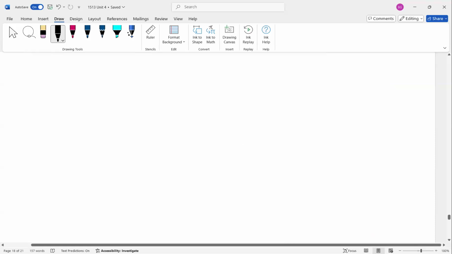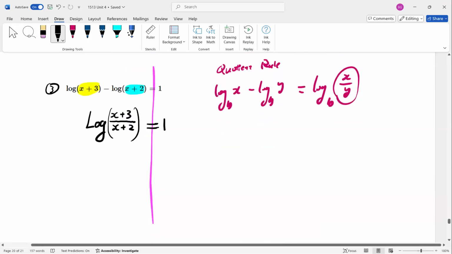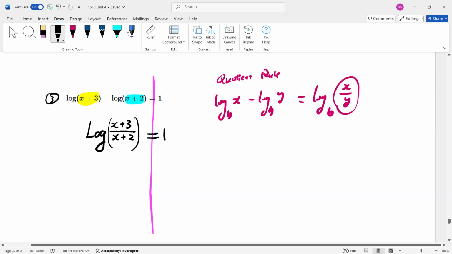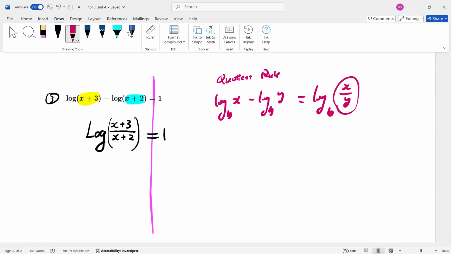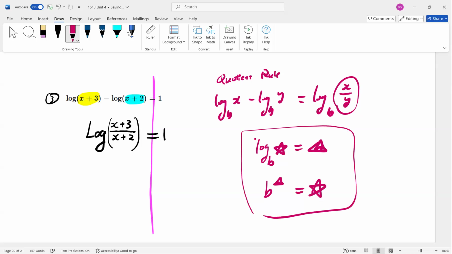Then let's use the conversion. Let me write a conversion here. Log with base b of star equals triangle. Base is b, triangle is the log, equals the star. Those two equations are equivalent. They are the same equation, just looking different in a different form. The base in our case is 10.